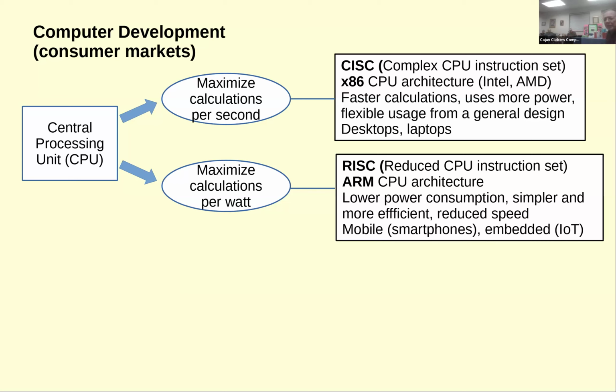But eventually, this is what came for our smartphones, because mobile phones needed less power because the battery is not as big, right? It's not plugged in. And also the Internet of Things, which is what we call embedded. A cash register is embedded, and a thermostat is embedded. Those don't need much calculation power, so they didn't care about that, but they did care about the consumption, the wattage.